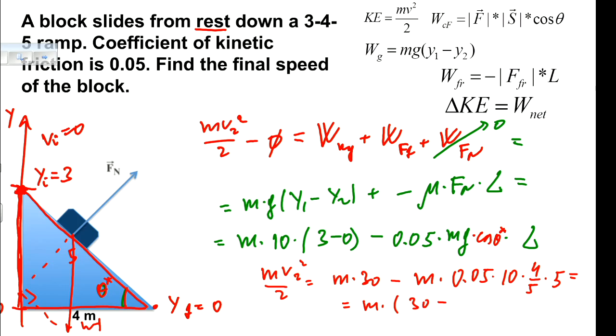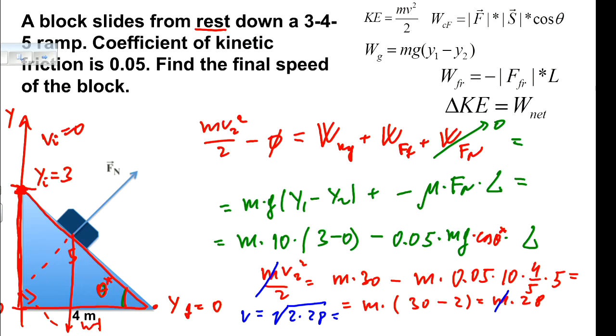30 minus, so 5 and 5 cancelled. 0.25 times 10 is 0.5. 0.5 times 4 is half of 4, 2. So m times 28. And now we can see, yes, it is getting cancelled. It's a common factor on both sides. So speed will be equal to the square root of 2 times 28.